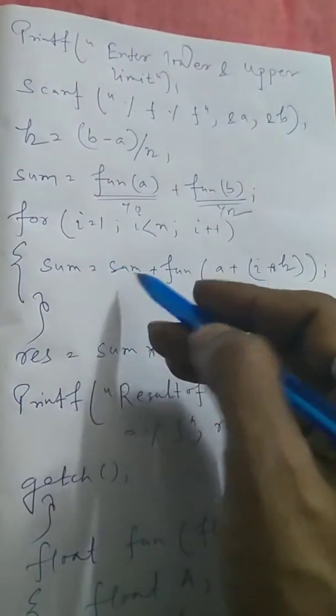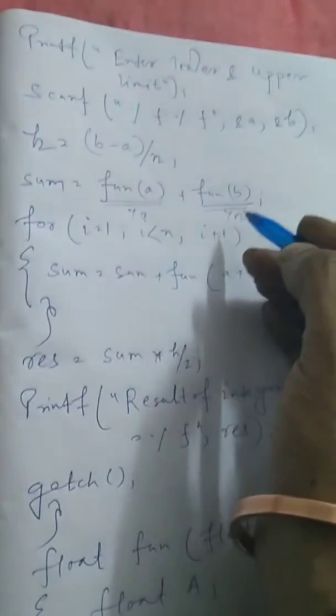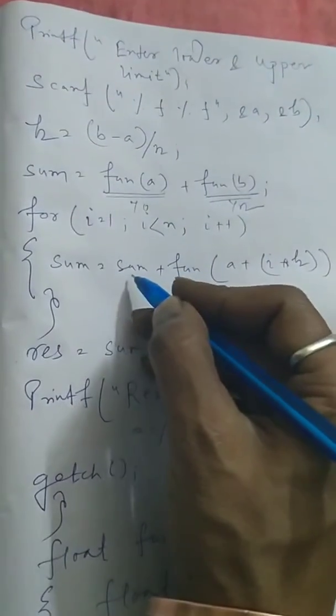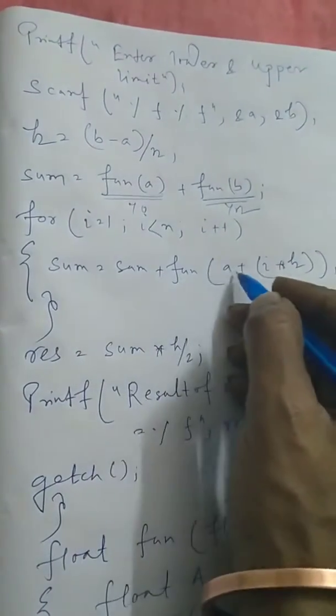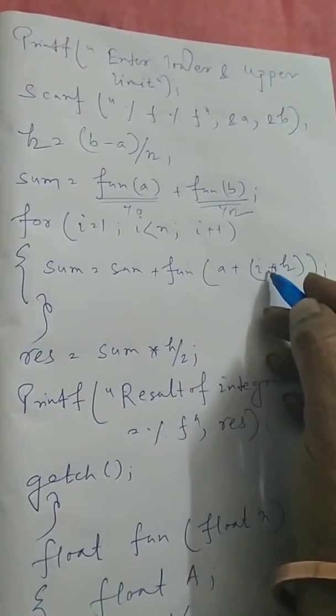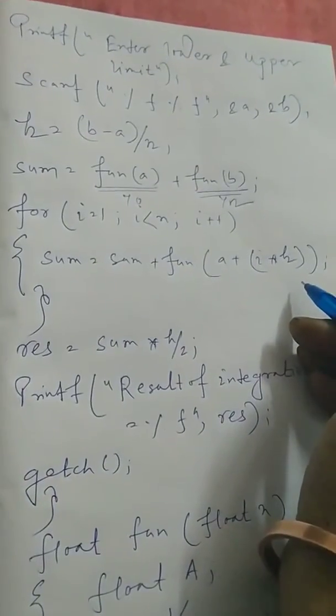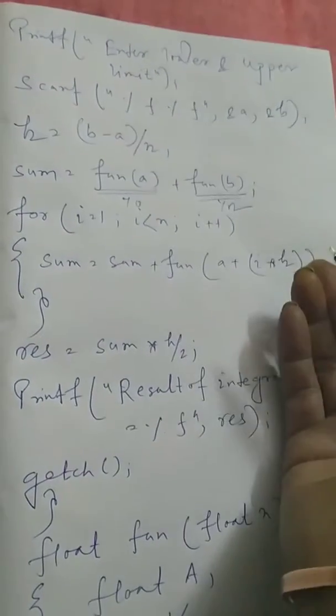So sum equals sum plus, already we have sum equals function of a plus function of b. So that's why sum equals sum plus function of a plus i into h. The first time i equals 1, so a plus h, then a plus 2h, then a plus 3h, and so on.